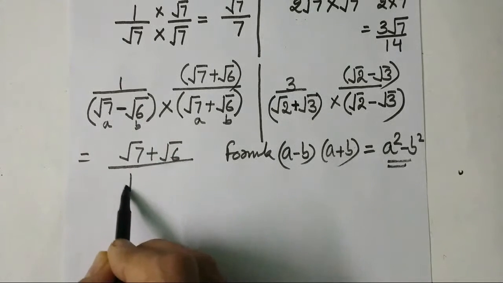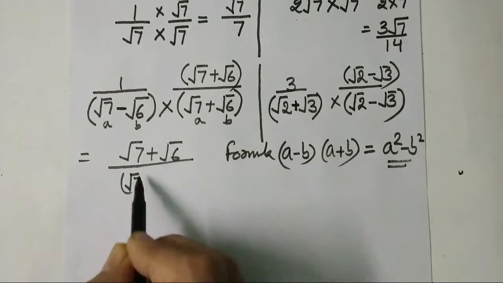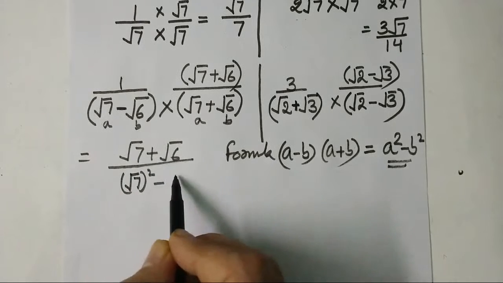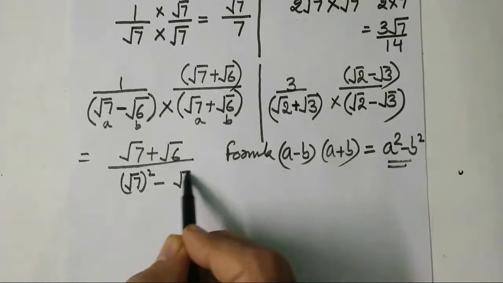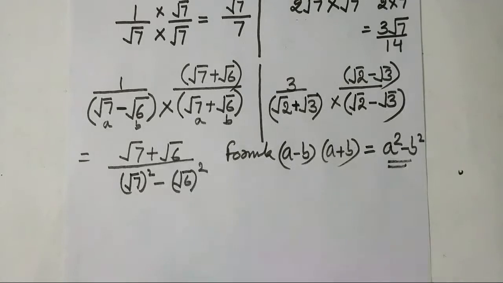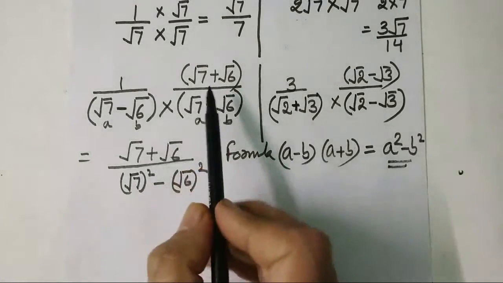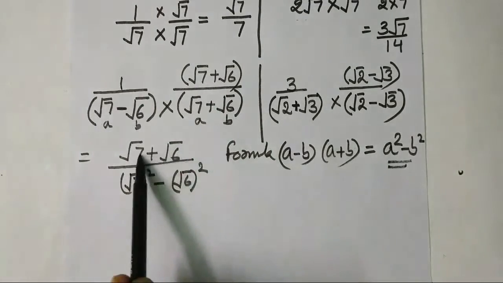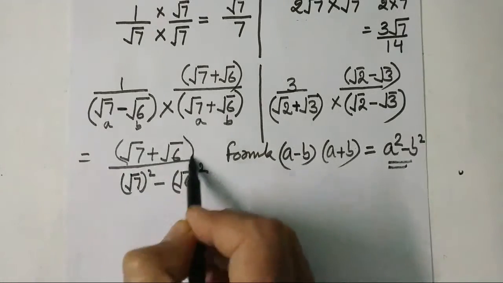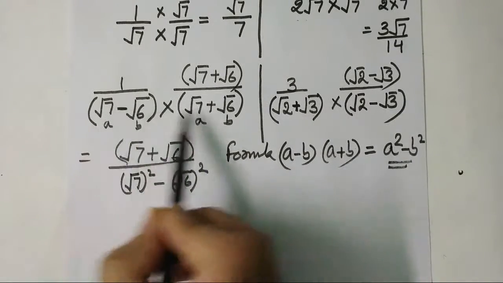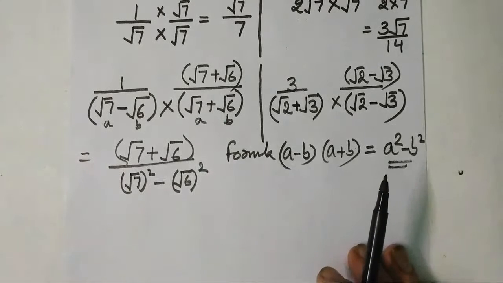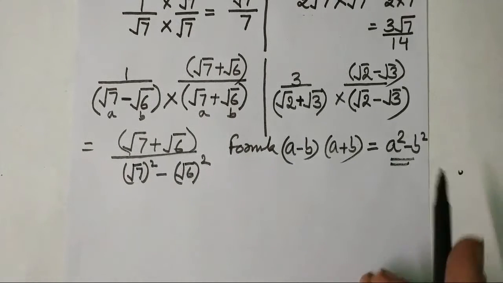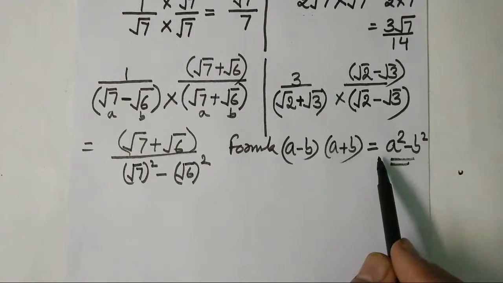So I will write it as a square minus b square. And the numerator is multiplying with 1, so it will remain this much. Denominator is a plus b, a minus b, which will become a square minus b square, which is the formula.